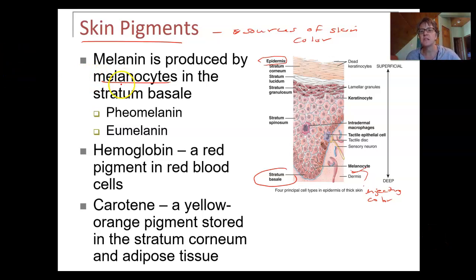Okay, so melanocytes, you're born with them. If you're an albino, you're not born with them. Guys, I'm moving on before I dig myself a hole. You have hemoglobin. Hemoglobin is a pigment in the red blood cells, and this is what gives your skin this pink hue.